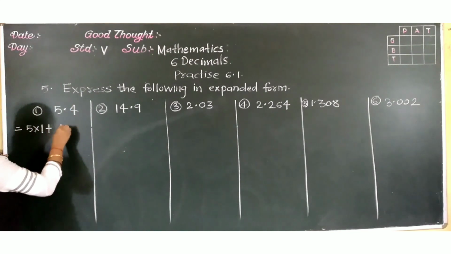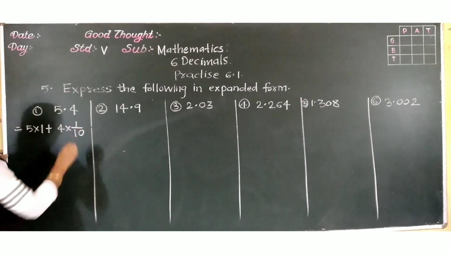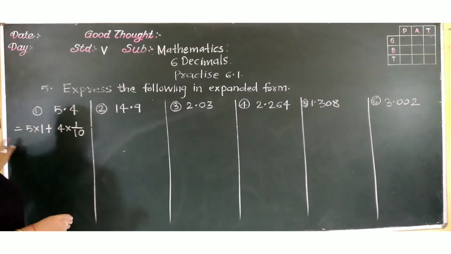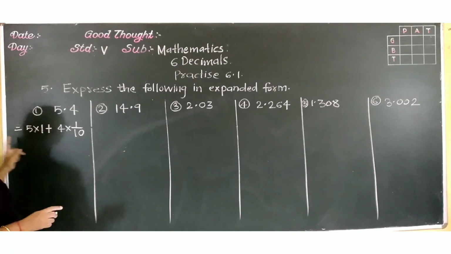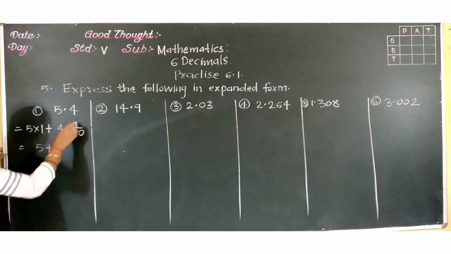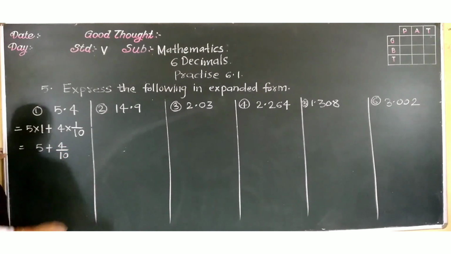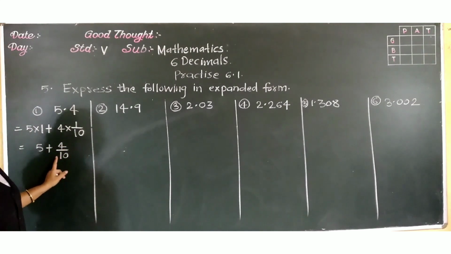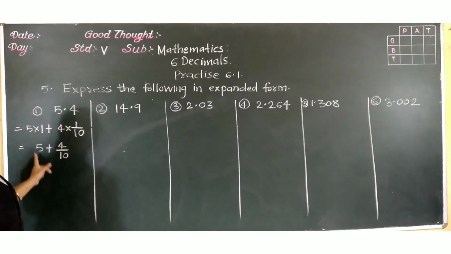That is 4 into 1 upon 10. Correct? So you can write it as 5 plus 4 upon 10. In this way also you can write this, or 5 ones are 5, you can do, no problem.